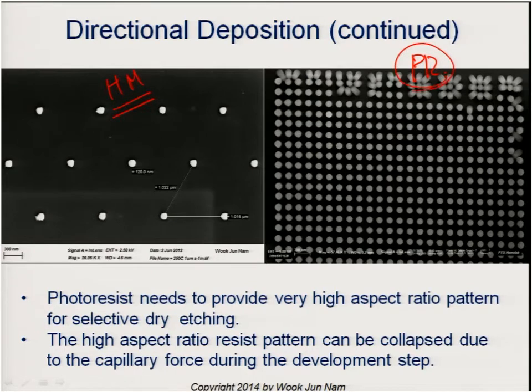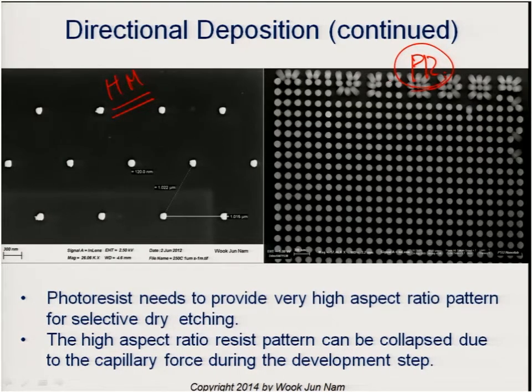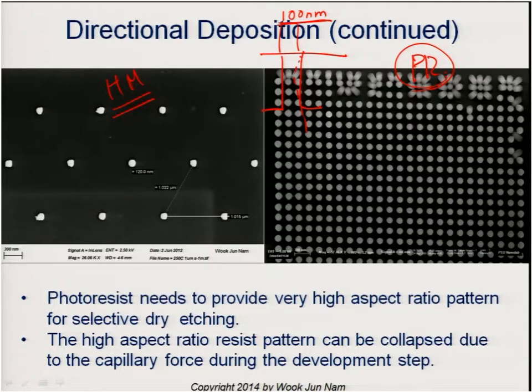When you use photoresist, your dimension is pretty small, let's say your diameter is 100 nanometer. But depending on how much you etch away, you should think about the etch selectivity between your photoresist and the materials you're going to etch away.